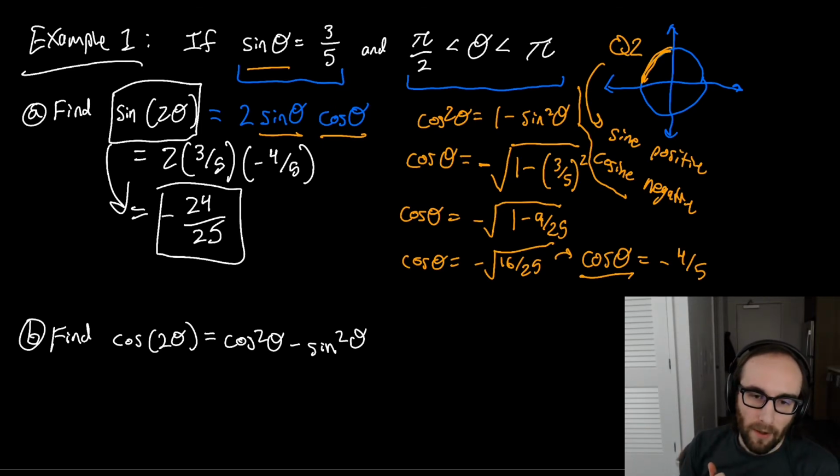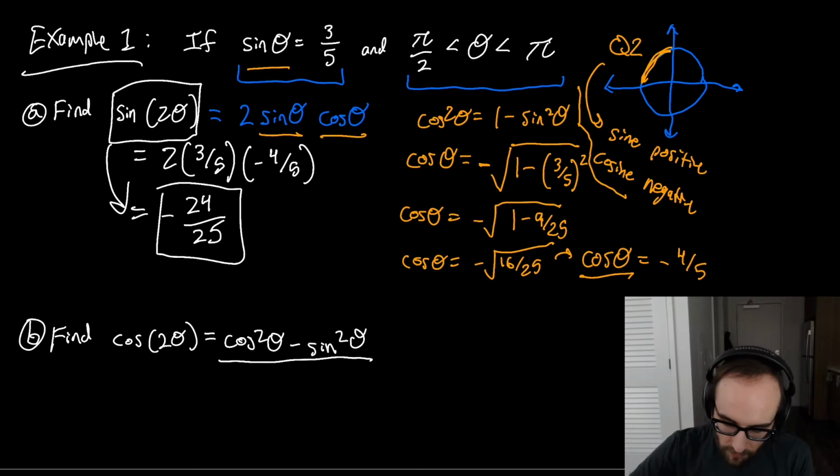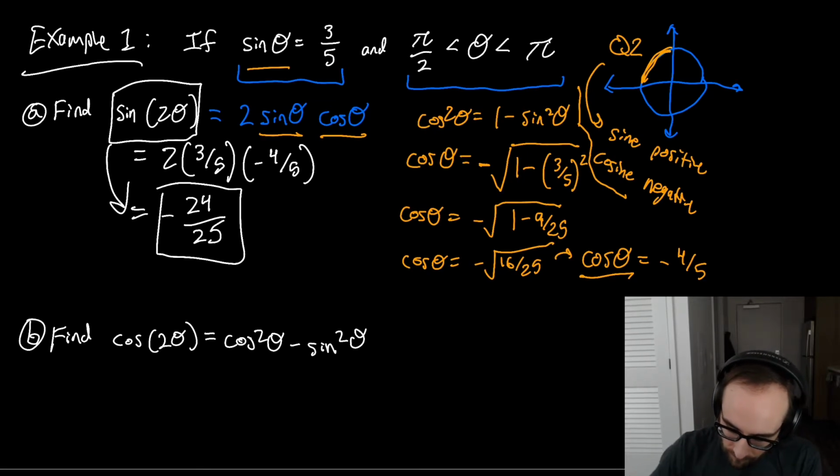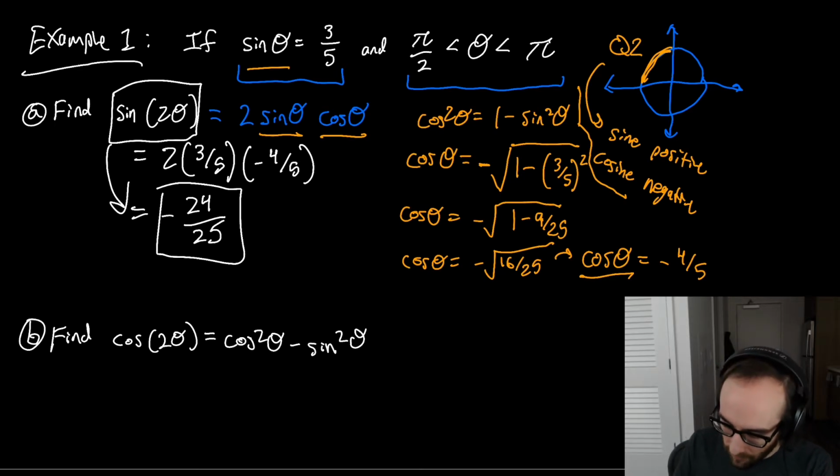Next, we're finding cosine of 2 theta. As you can see, I've written down below our double angle formula. Thankfully, we're using the same cosine and sine values that we found above. So on that right side, I'm going to replace those.